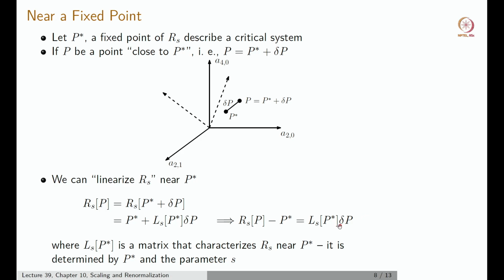That's what we mean by this, and we expect that this map from delta P to Ls of delta P is characterized by some matrix. So this matrix Ls of P star is in a sense a property of this critical point, and it depends parametrically on this scale factor S.